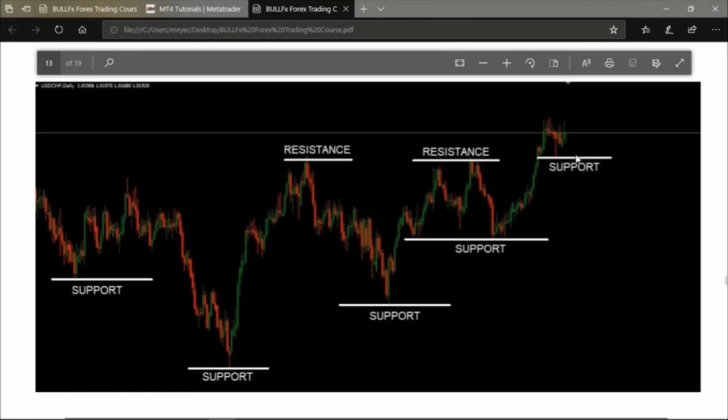As you can see on the right hand side, we've got the current price or most recent price of the specific currency pair. Anything on the left hand side is considered the history or the past data.